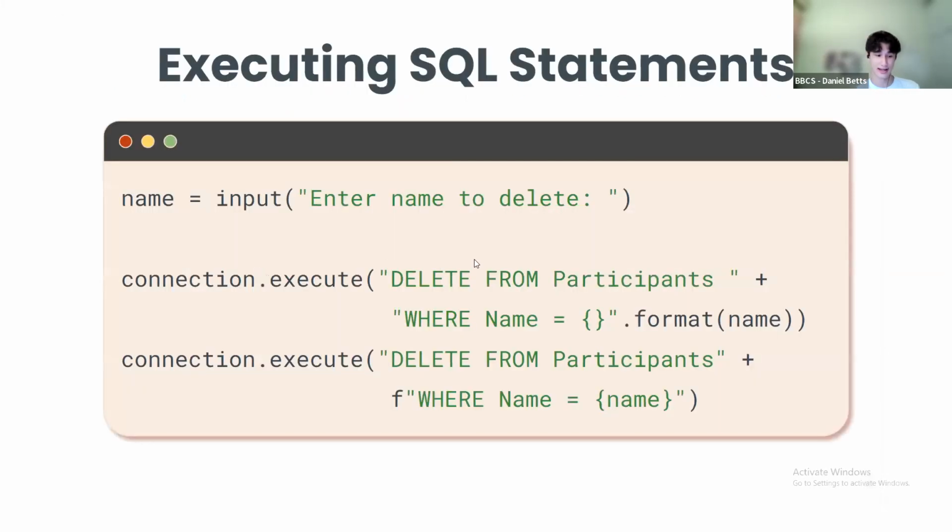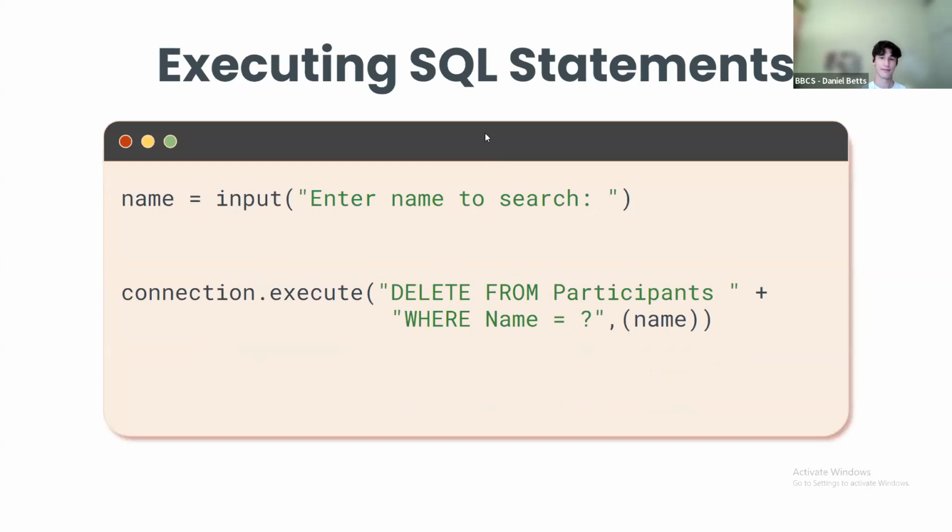But this enables us to make very useful Python code to execute the SQL statements for us. And now with the SQLite3 library, we actually have a special string substitution that does not work normally in Python, which is this question mark down here. So it's basically another form of string substitution, but instead of putting the curly brackets, you put a question mark where you want the string to be changed.